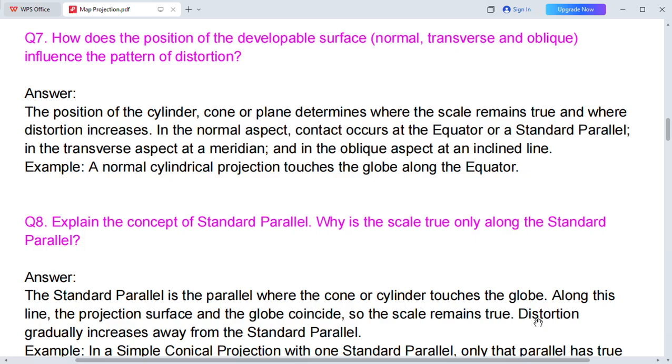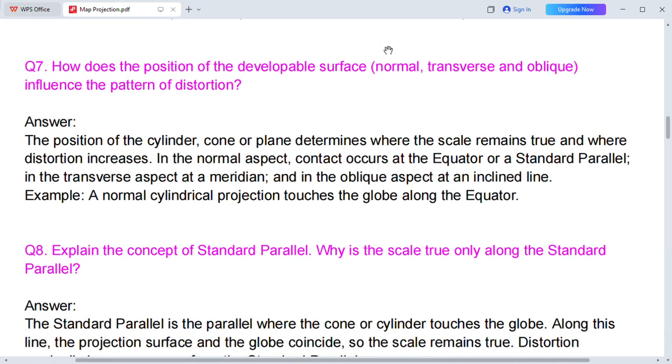Next question, how does the position of the developable surface, that is normal, transverse and oblique, influence the pattern of distortion? The position of the cylinder, cone or plane determines where the scale remains true and where distortion increases.